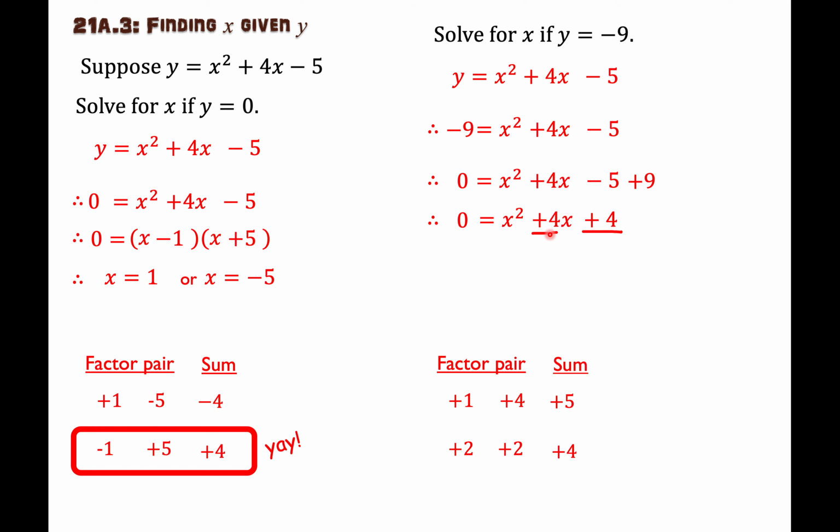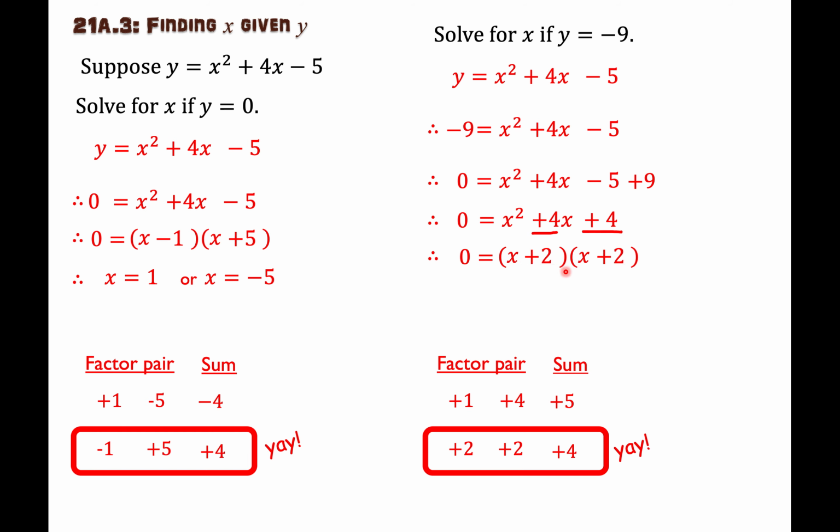That is awesome. So my two magical numbers are +2 and +2. So I can rewrite this part as x plus 2, x plus 2. Everything else, the therefore, the 0, and the equals, I just copy down. We're almost there.